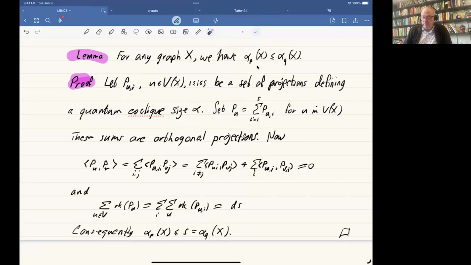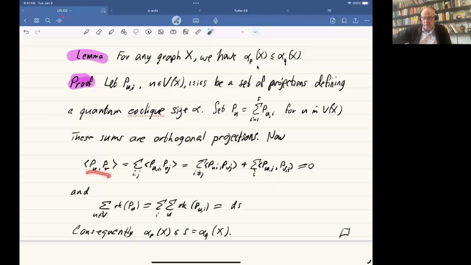Now, these sums are orthogonal projections, and you can check that when you take the inner product of P_U with P_V, well, I've written it out here. So there's two parts like this. And if you stare at these two parts, you see they're both 0.